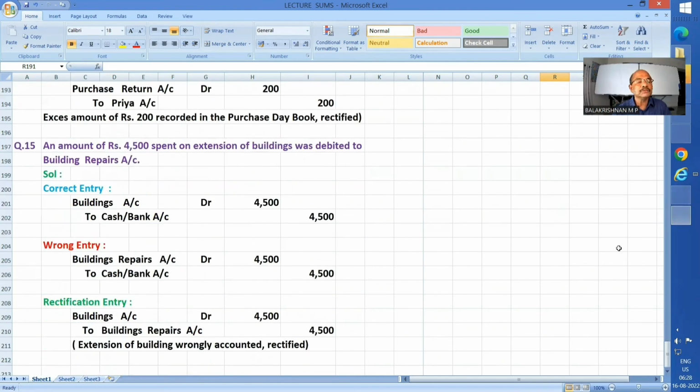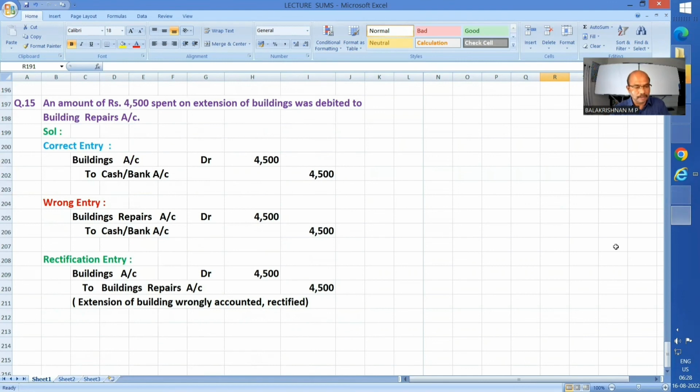And the last one, question number 15. An amount of rupees 4,500 spent on extension of buildings was debited to buildings repairs account. My student, any extension done to an existing asset is nothing but acquiring some more of the same asset.